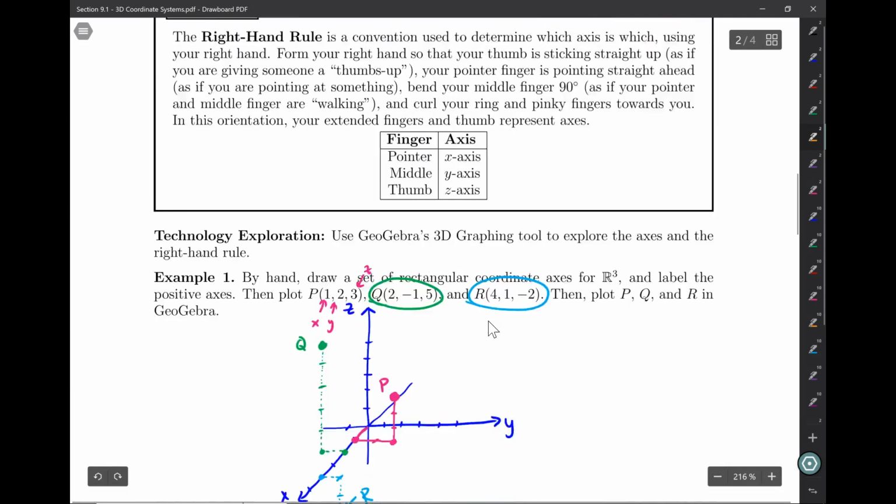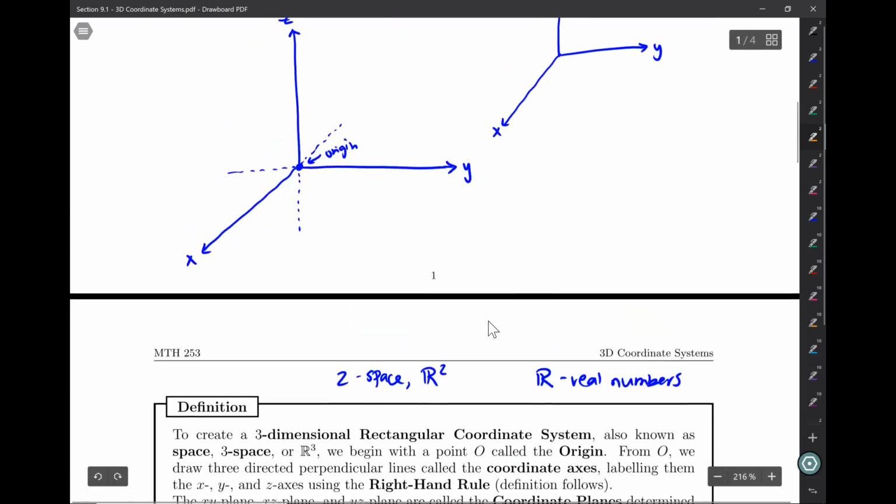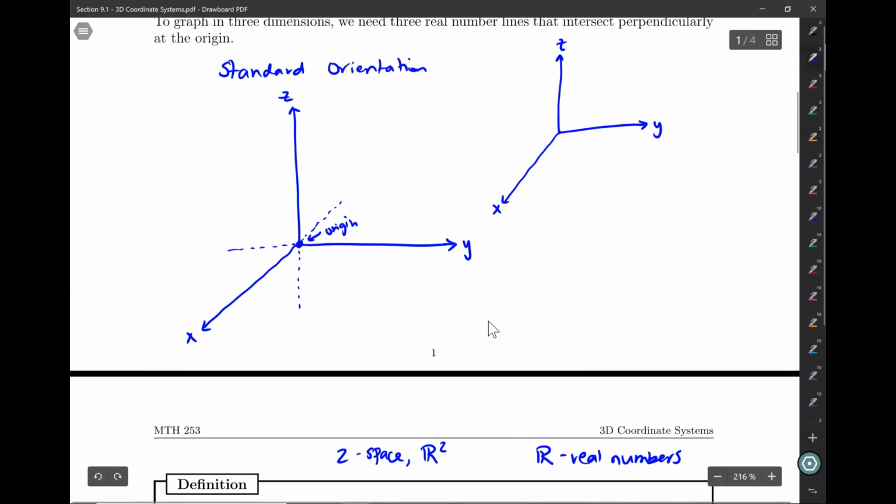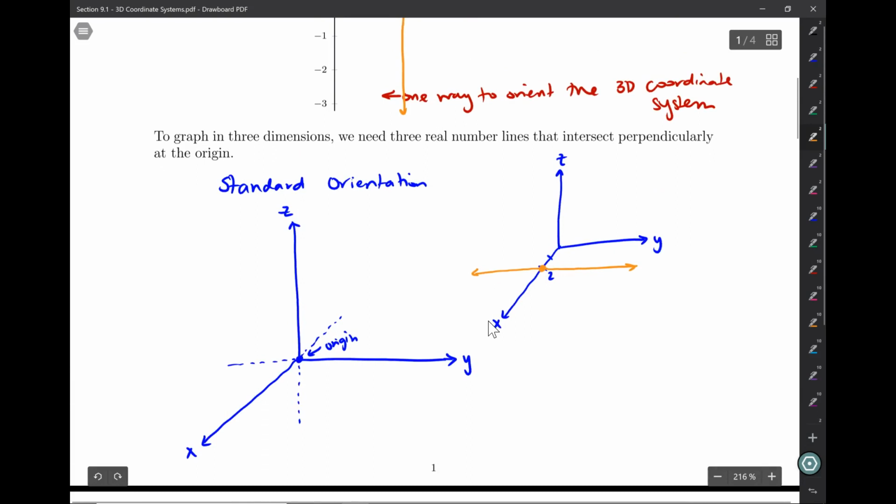Now in 3 space, we have x equals 2. Again, y can be anything. And so this is the line, x equals 2 in 3 space. But now, just like y can be anything, z can also be anything, whether it be positive z or negative z.